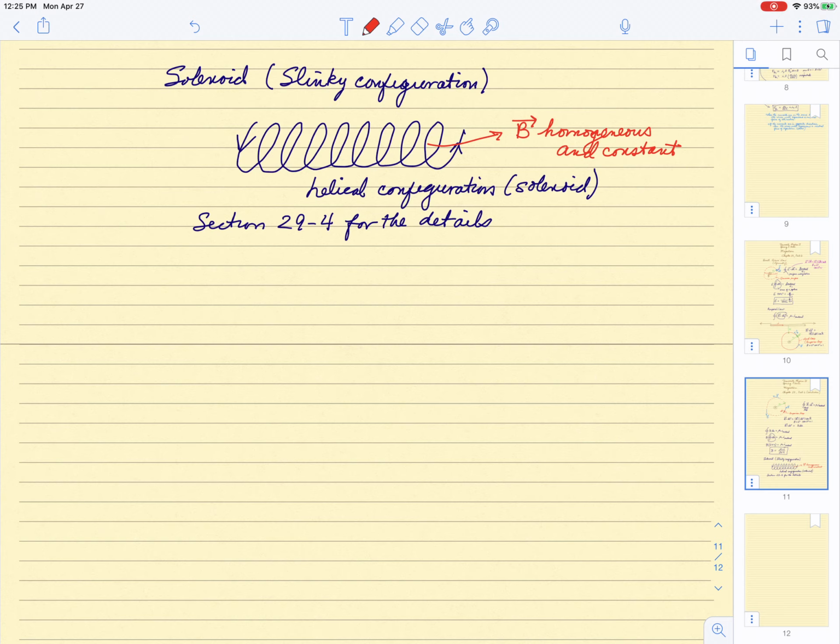Again, you can look at some of the figures in your textbook.